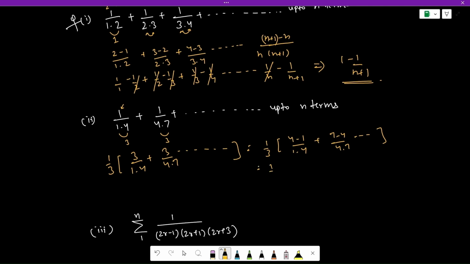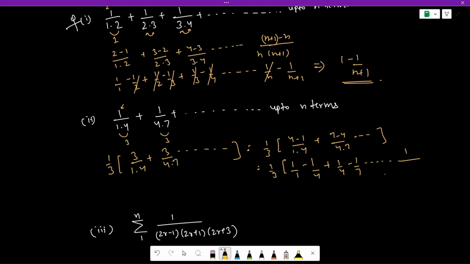So this is equal to 1 by 3 into 1 by 1 minus 1 by 4 plus 1 by 4 minus 1 by 7 and so on up to the last term.